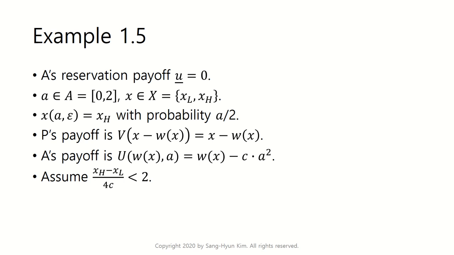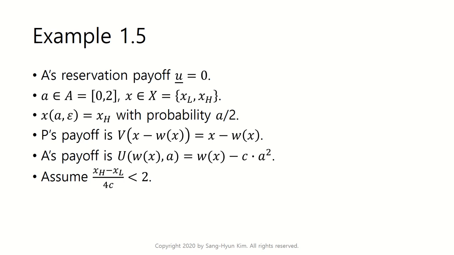And the output space, the revenue space, is still binary, but I use different notations. In the previous example, the high revenue was 10 and low revenue was 5. But instead, here I'm going to use these more general terms. So the high revenue is denoted by XH, and low revenue is denoted by XL.